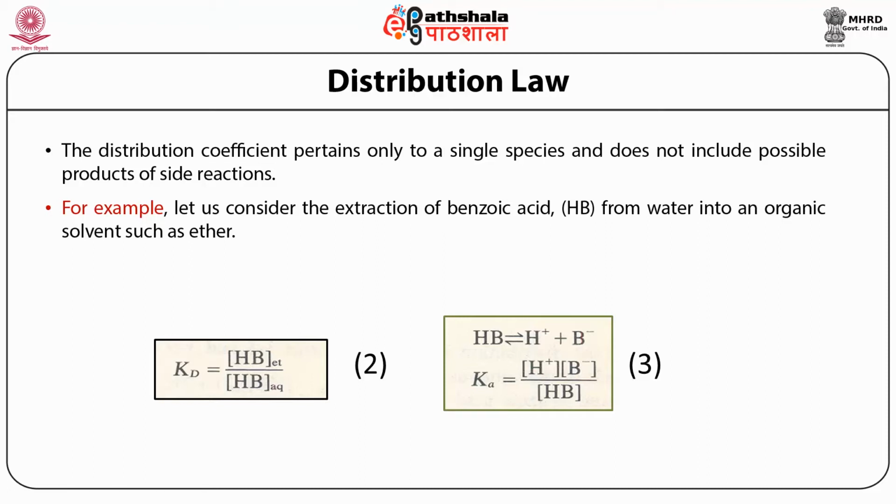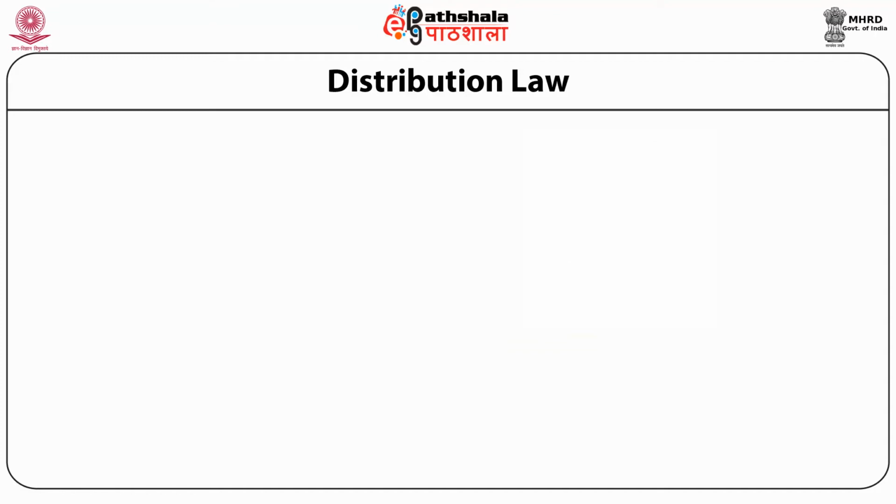As shown in the above equations, there are two independent equilibria, as illustrated in figure 1b. Note that the partition equilibrium pertains only to the undissociated benzoic acid molecules in the two phases, and that the dissociation equilibrium pertains only to the species in the aqueous phase. Benzoic acid does not dissociate in an ether solution.